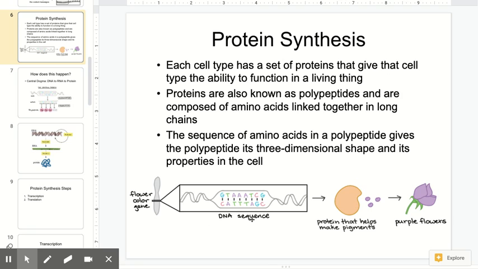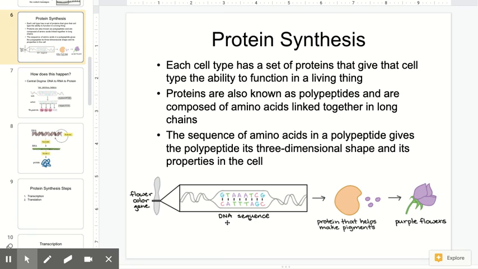So in this little picture example down here, say this is a chromosome and then a little piece of DNA within that chromosome right here. This DNA sequence contains the gene for a specific flower color. That DNA sequence gets kind of highlighted, if you will, because it's important.